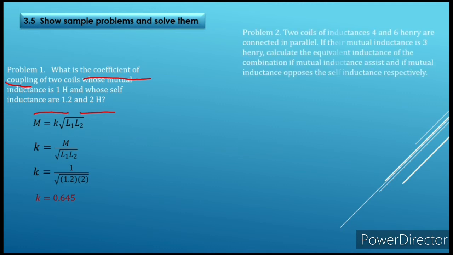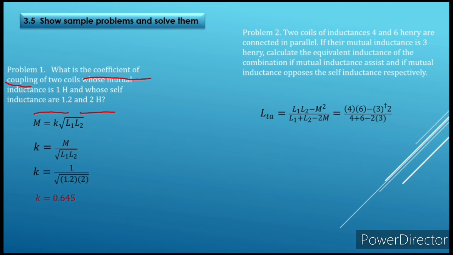For problem number 2, two coils of inductances 4 and 6 Henry are connected in parallel. If their mutual inductance is 3 Henry, calculate the equivalent inductance of the combination if the mutual inductance is aiding and if the mutual inductance is opposing. First, let's calculate the parallel aiding.